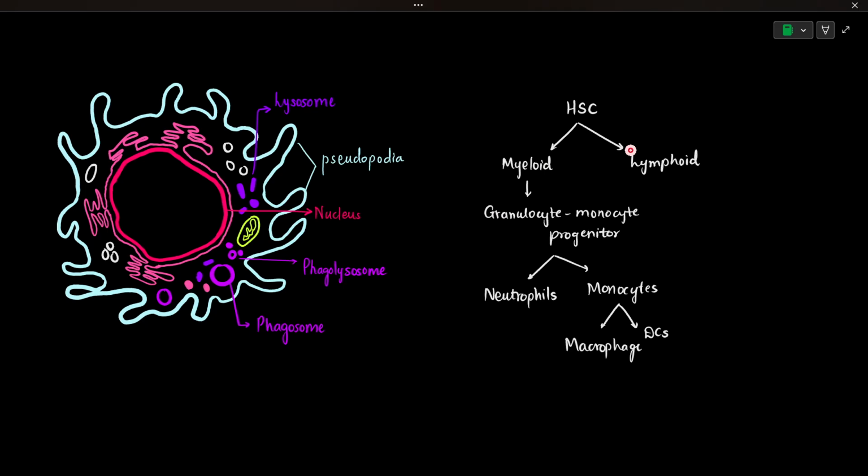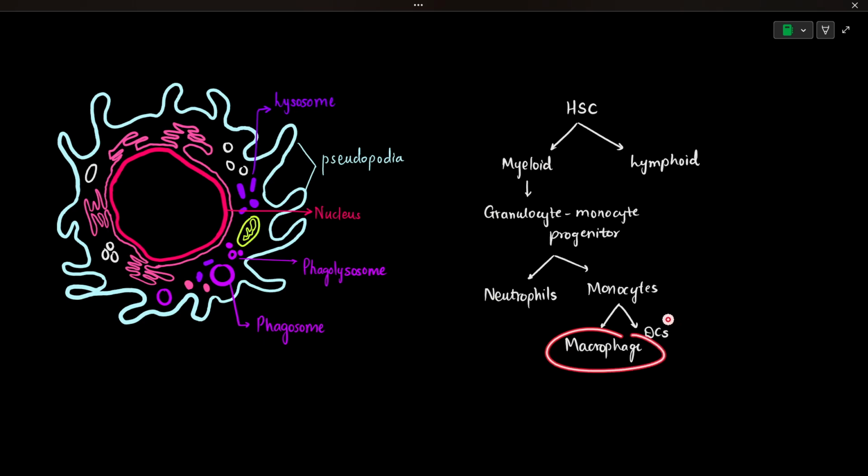So this initiates the adaptive immune response. We can say that dendritic cells and macrophages are a link between the innate immunity and the adaptive immunity, because the cellular part of innate immunity is comprised of the cells of myeloid lineages, as well as the natural killer cells, which actually belong to the lymphoid lineage.